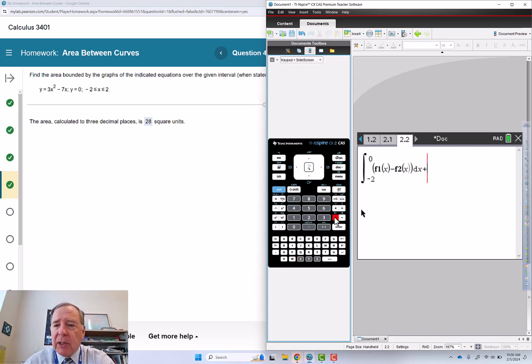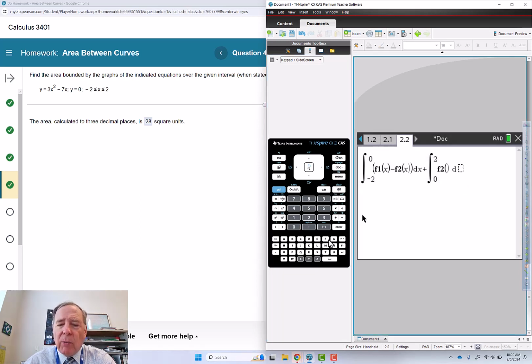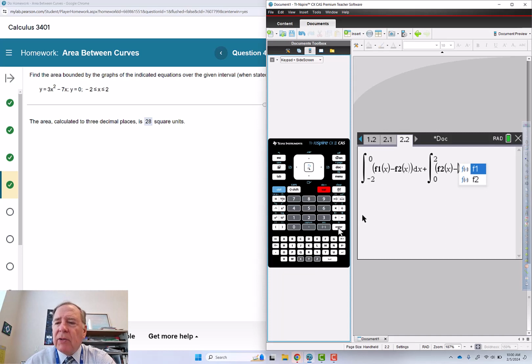Then I'm going to put in a plus sign, shift plus to get another integral. 0, tab 2, tab. Now the upper one is the line, y equals 0, so that's f2 of x. Could have also put in 0, minus f1 of x and dx, and we should get 28 again.